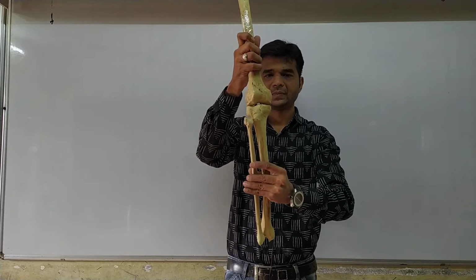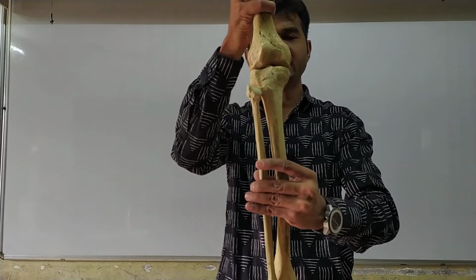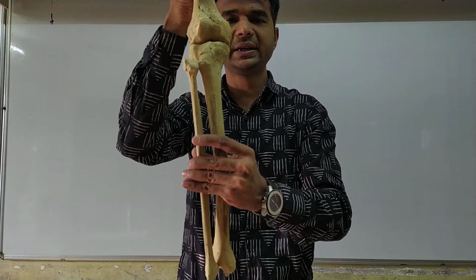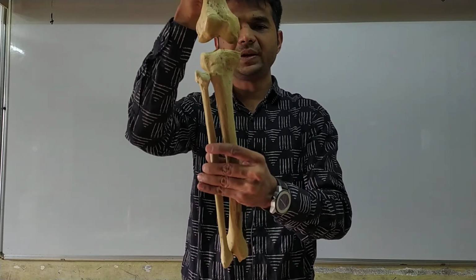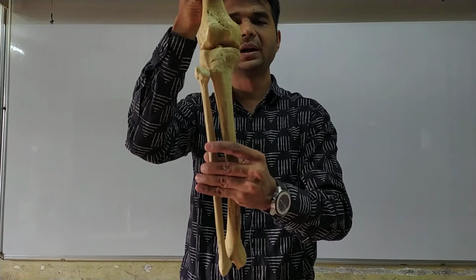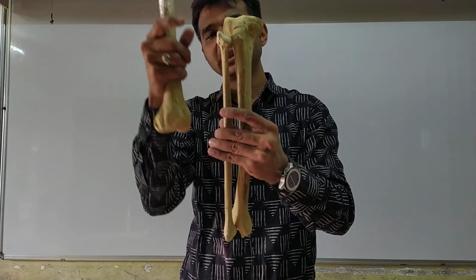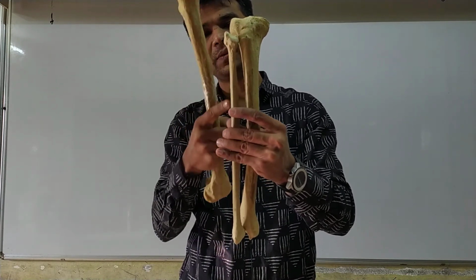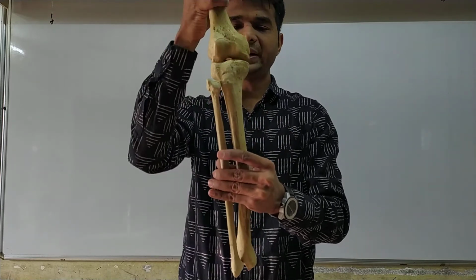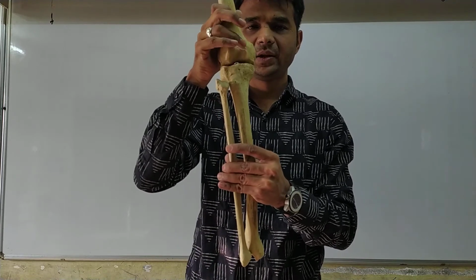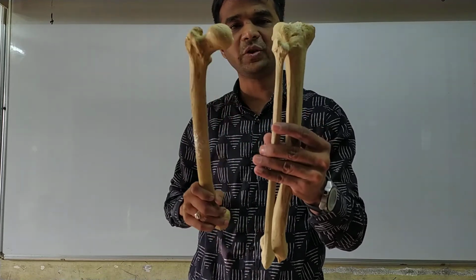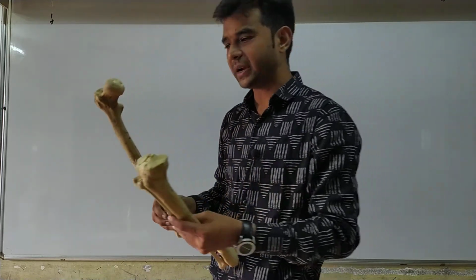Here you are able to see that the knee joint is formed between the femur and the tibia. So in the knee joint there is no part of the fibula. Now I can remove the fibula here and try to attach the patella on it.